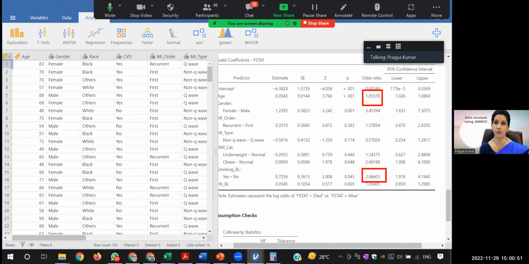Or if I want to express it in percentages, what will I do? Yes, 2.06 minus 1. That will be 1.06. You have to multiply that with 100. Then you will say that the death in smoker was 106% more as compared to the non-smoker. Okay, Sheetal?